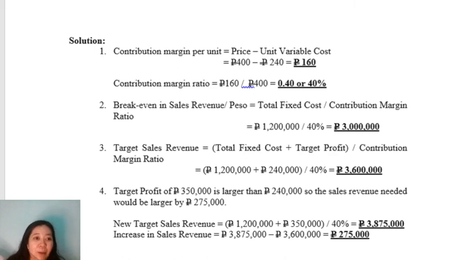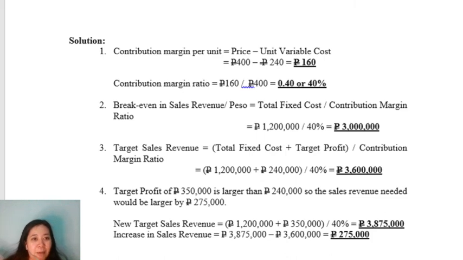Again, using the formula, that's total fixed cost divided by contribution margin ratio. So here, to break even, meaning the company should reach 3 million sales revenue so that there will be no profit nor loss, or at break-even.